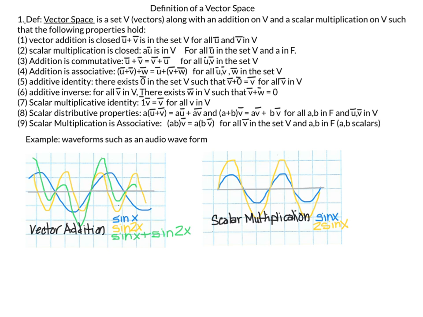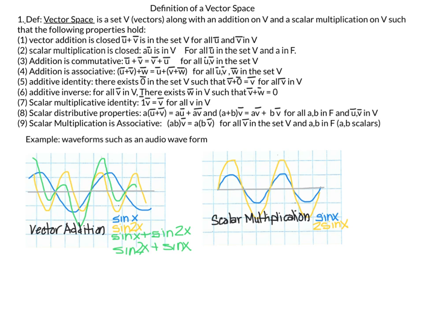And since the addition of real numbers is commutative, we assume it's going to carry over in our superposition. So here our green wave, sine x plus sine 2x, we expect will equal sine of 2x plus sine of x. Again, I'm not going to formally write out all the steps, but that's my hand wave.